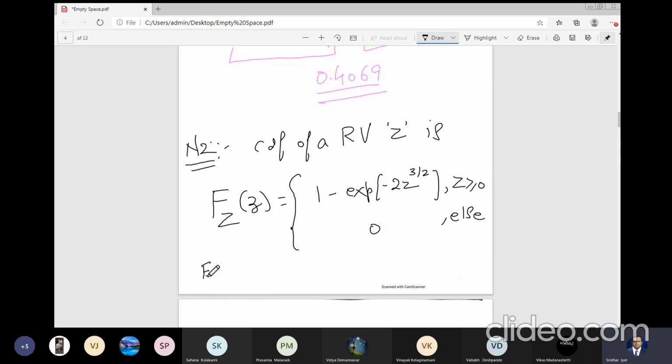You need to evaluate the probability between 0.5 and 0.9. Okay. Please do this yourself and let me know what answer you get. Follow the same process. After you finish, I will also be doing it.